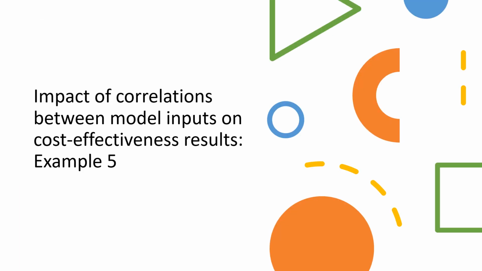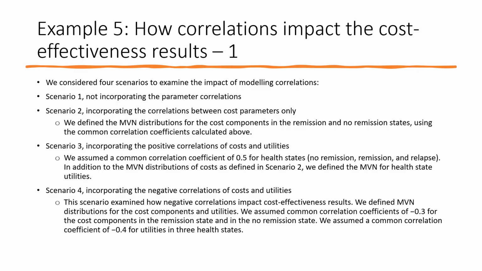Now, I will discuss how correlations between parameters impact the cost-effectiveness results. We considered 4 scenarios to examine the impact of modeling correlations in cost-utility analysis. Scenario 1, not incorporating the parameter correlations. Scenario 2, incorporating the correlations between cost parameters only.